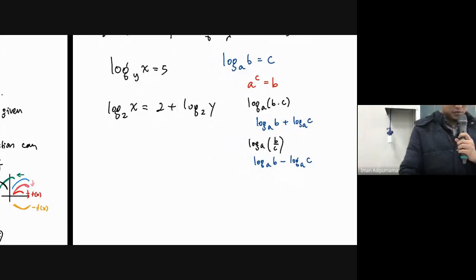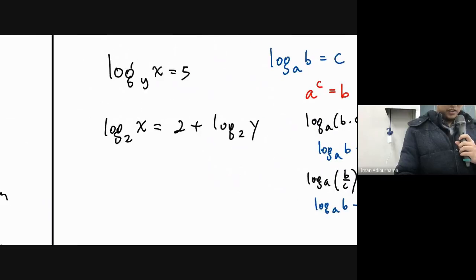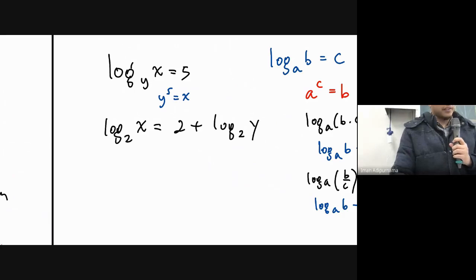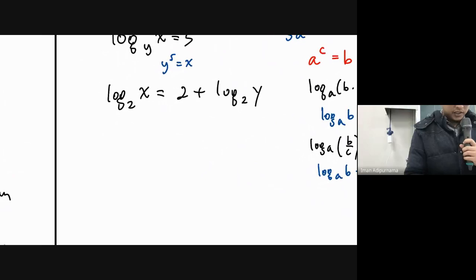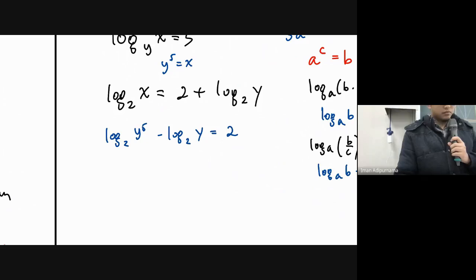Okay, let me solve for you. From the first equation, I got y to the power of 5 is x, right? Now we can exchange this log, let me log to y and then equal to.